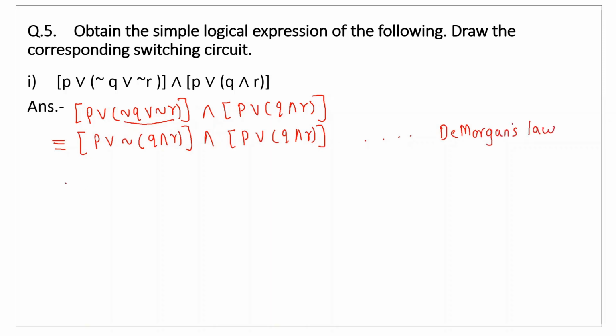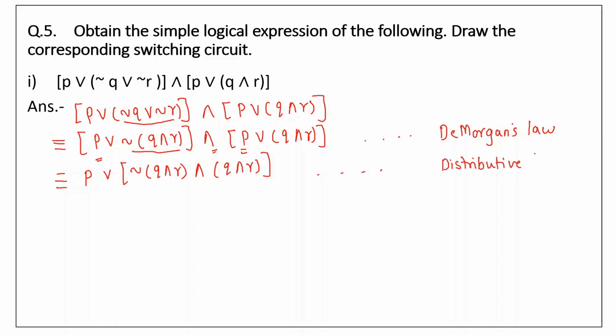Okay. Next. Now see P. So we use distributive law. So P or negation Q and R. See this negation Q and R and Q and R. Okay. So we write here distributive law. Next. Now what will be this bracket?